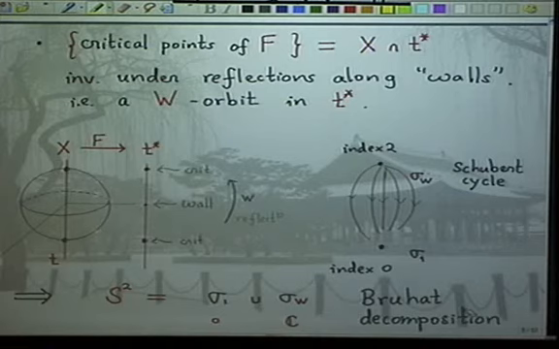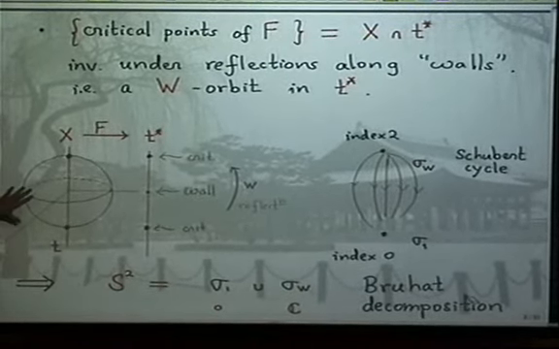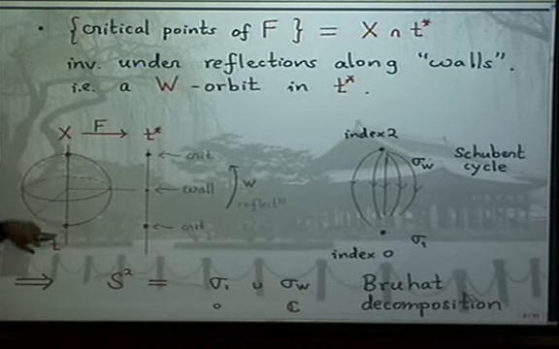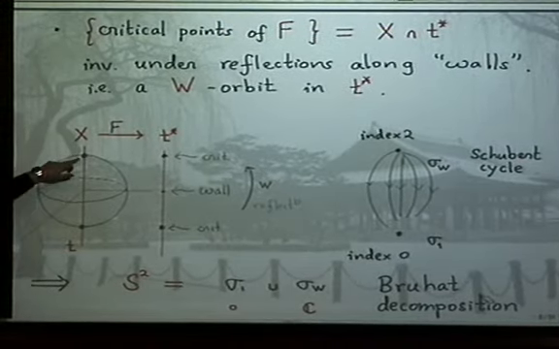It's a reflection along the wall of the Weyl chamber. So the critical points form exactly one orbit under the Weyl group action. In this case, the Weyl group is just Z2 of reflections. So in this example, the coadjoint orbit has two critical points, and the critical points are of index 0 and 2.